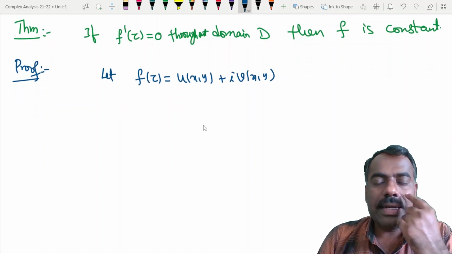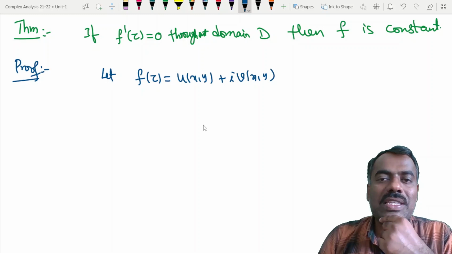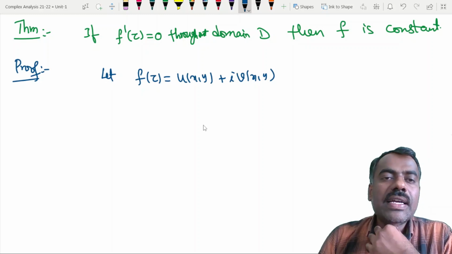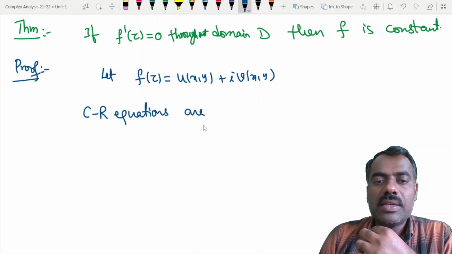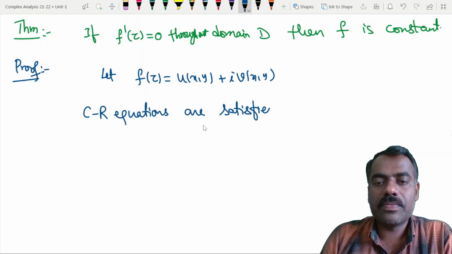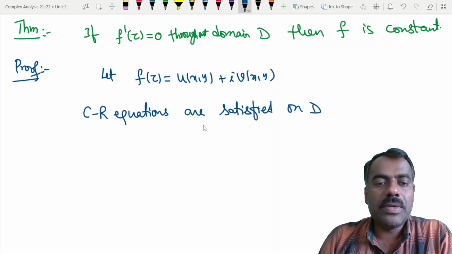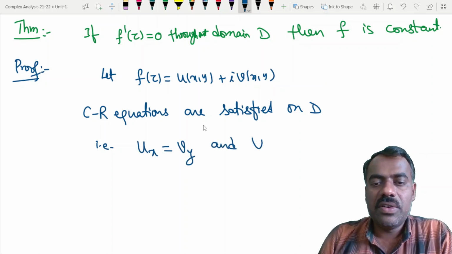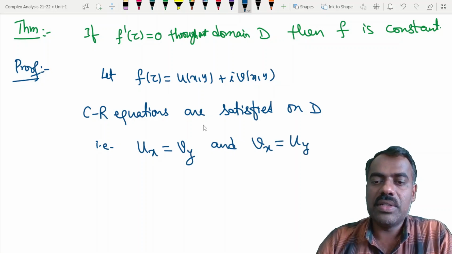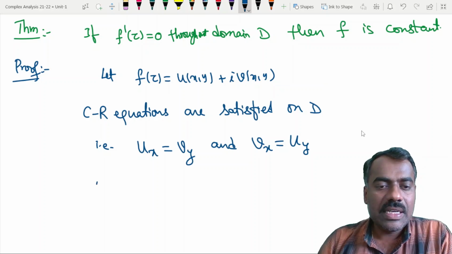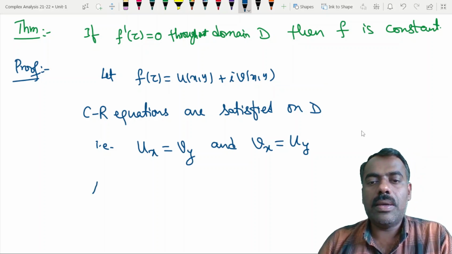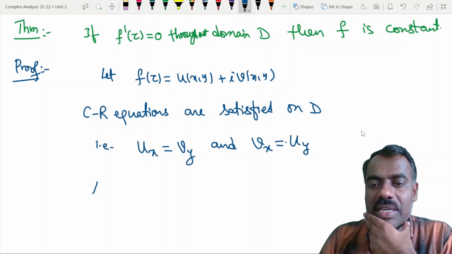Now since f dash exists at every point in this domain D, the CR equations are satisfied on D. That is ux is equal to vy, and vx is equal to minus uy. Clear? Yes or no? Vx is equal to minus uy.